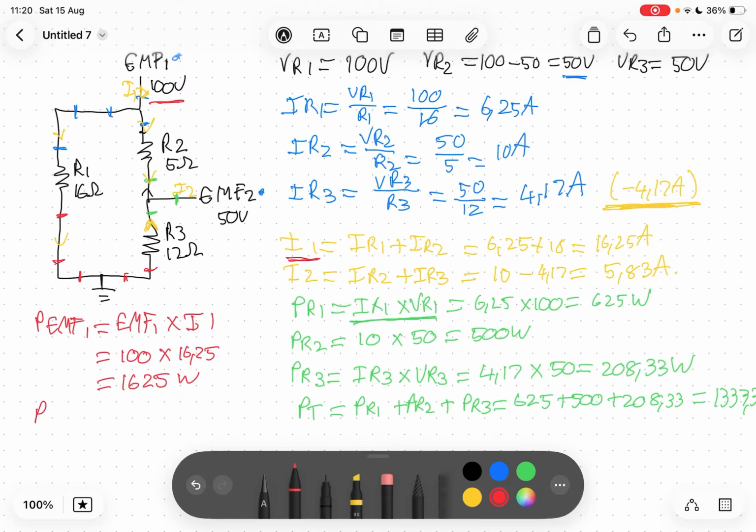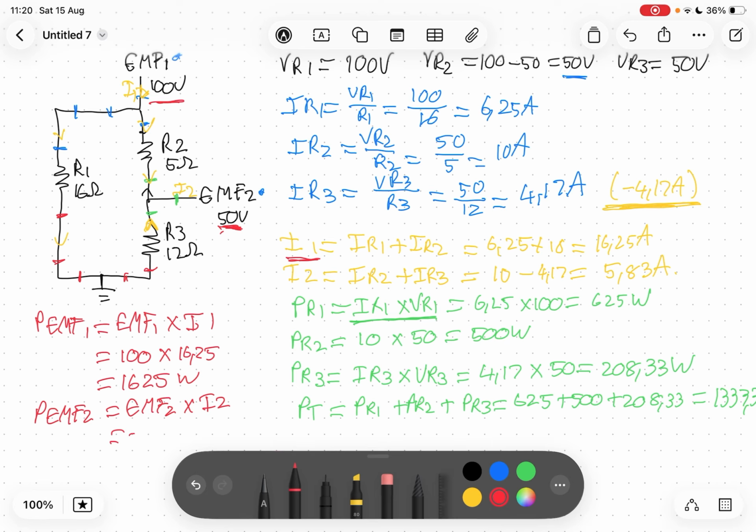Now let's do for PEMF2, and this is EMF2 times I2. And because the voltage flows from a higher to a lower potential, the power going in over here will be negative into this power source.